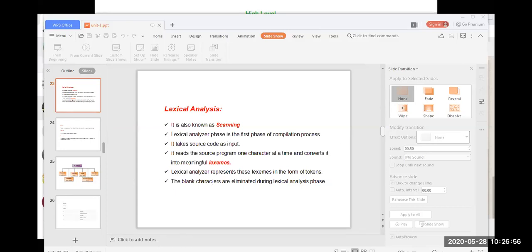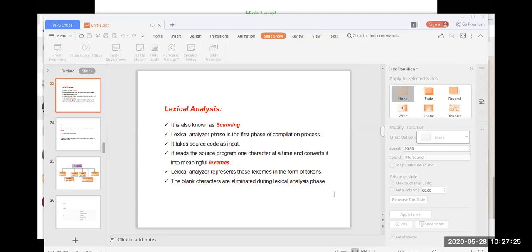If there are any blank characters, that means spaces, it will eliminate those spaces. The lexical analyzer will not consider the white spaces. When there are blank characters, empty space, it will eliminate that. Is it clear? Roughly, what does lexical analysis do?